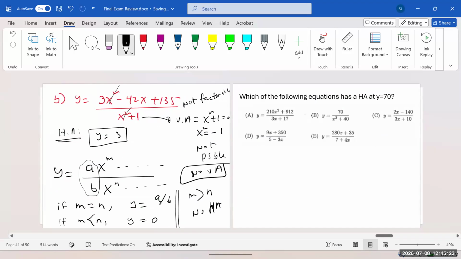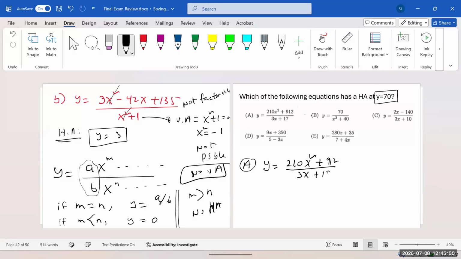Okay, the next one. Which of these equations have horizontal asymptote y equals 70? Okay, clear, right? So let me write them clearly. A says y equals (210x squared plus 912) divided by (3x plus 17). B says y equals 70 over (x cubed plus 40).